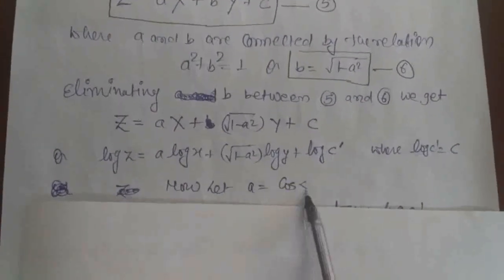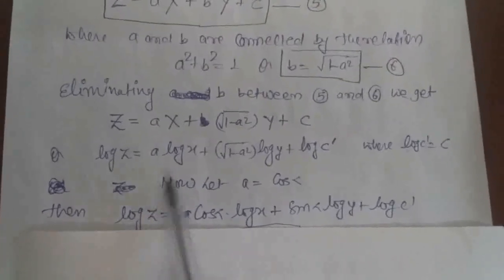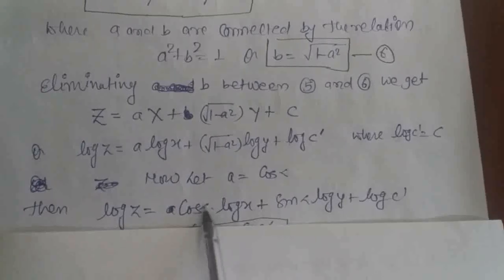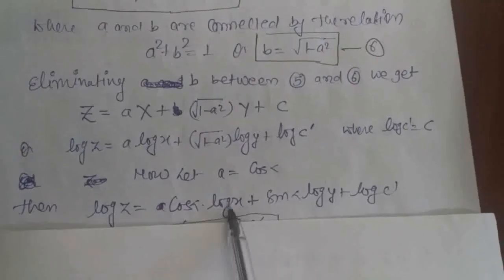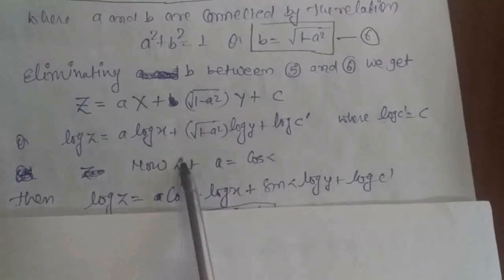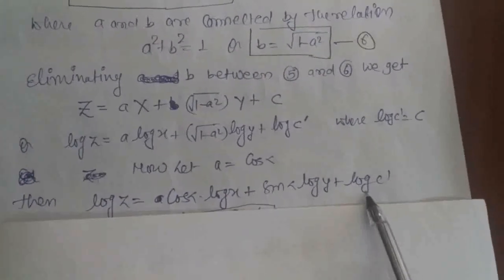So a equal to cos alpha, alpha is constant. So this complete integral becomes log z equal to, a replaced by cos alpha, log x, plus root of 1 minus cos square, which is sin square, and the square root of sin square gives sin alpha, into log y plus log c dash.